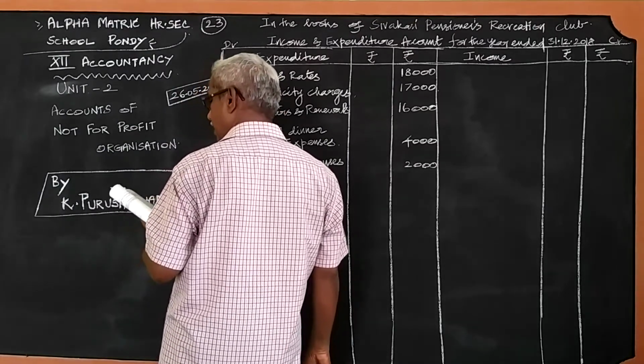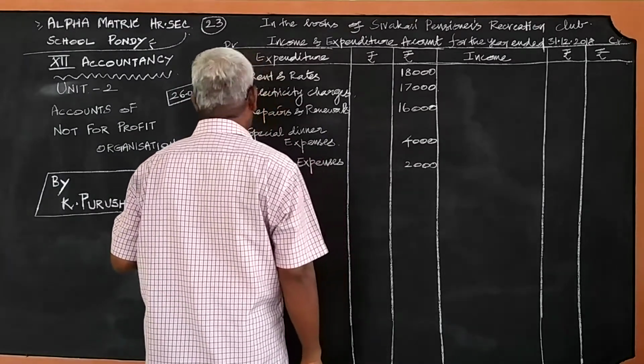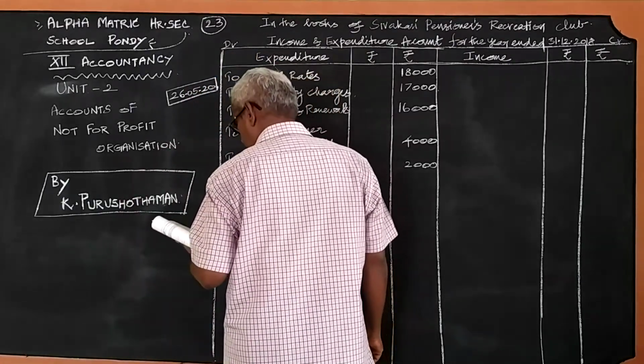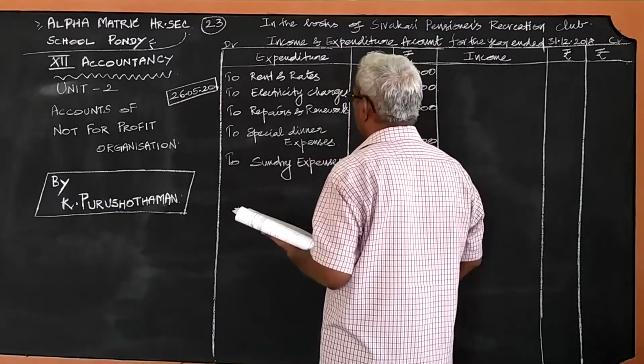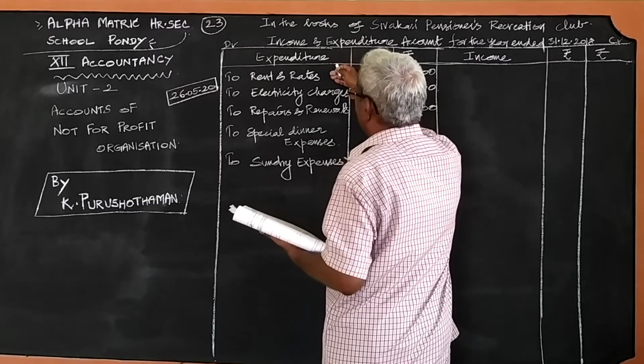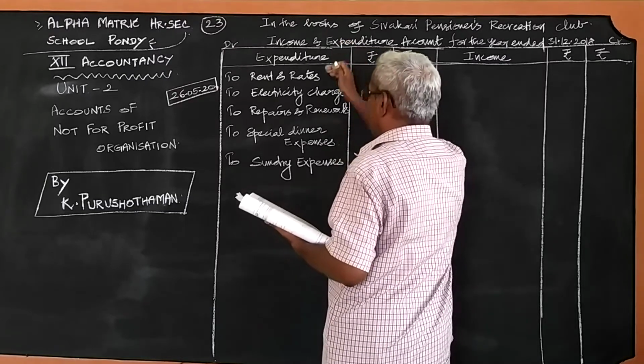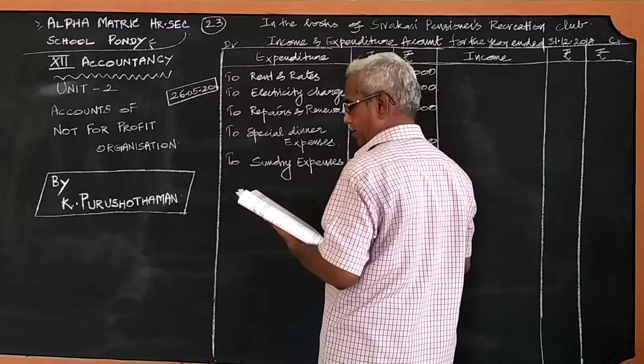Okay, now what about the income side? These are all the expenses which come under revenue. So we have written all these expenses.